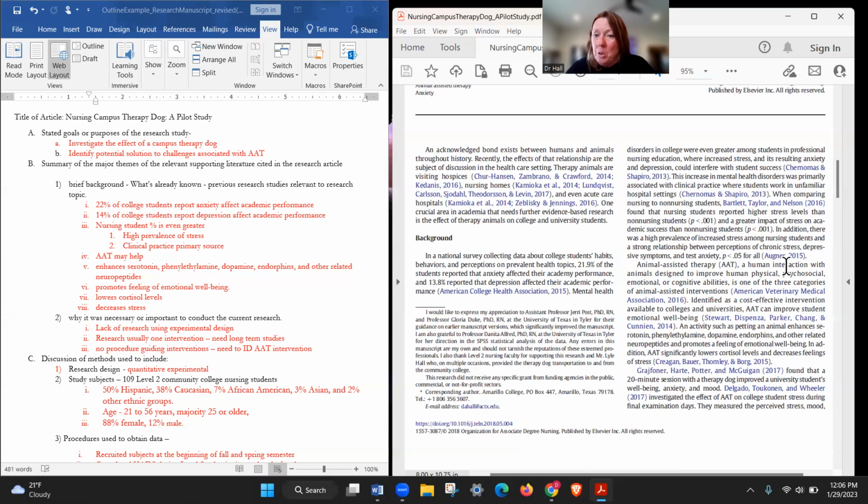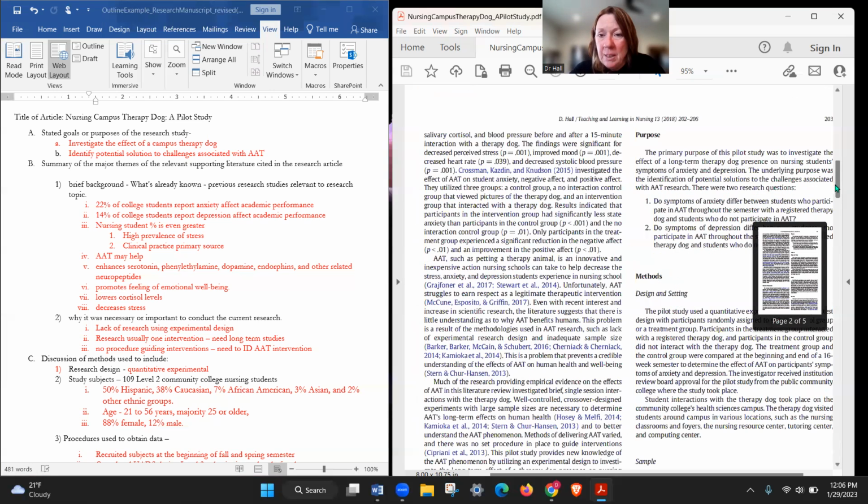And then your background talks about how animal assisted therapy could help, how it's not really expensive, how it gives you feel-good hormones and makes you feel emotionally well and decreases stress. And so there's your background of research in anxiety and animal assisted therapy to improve it. So that's your background, previous studies.